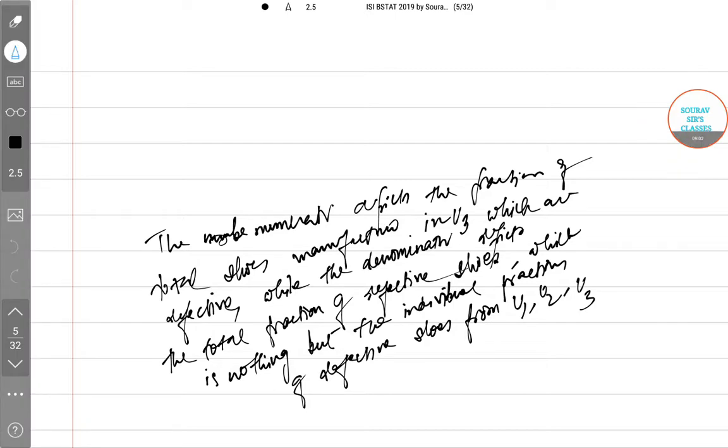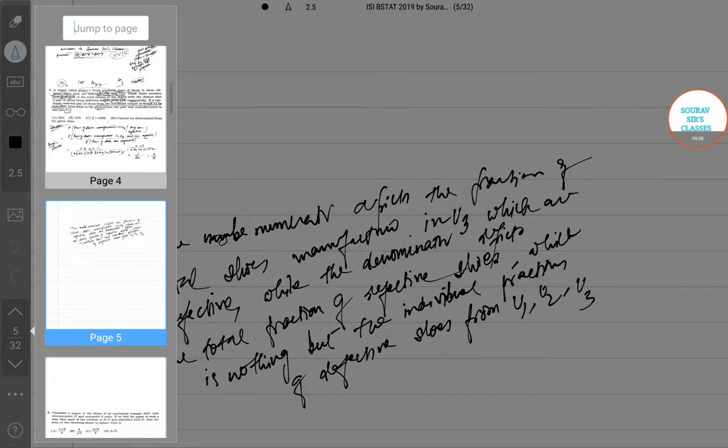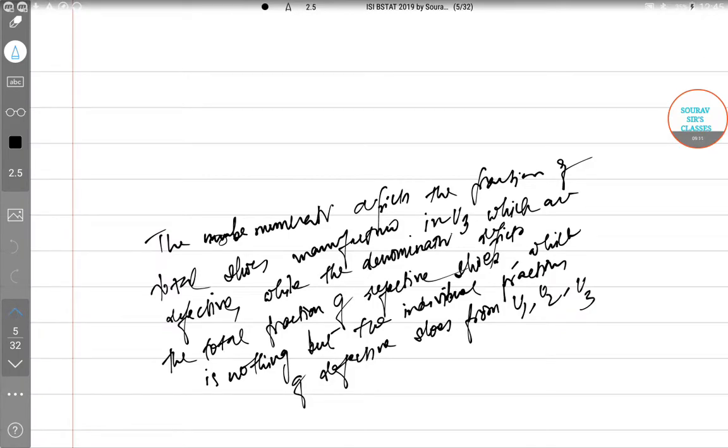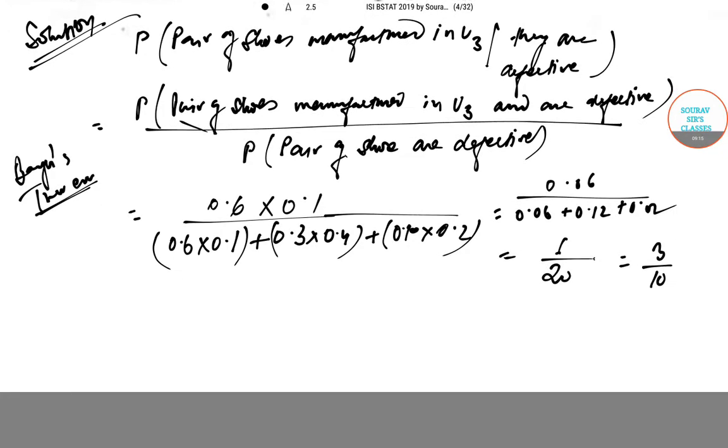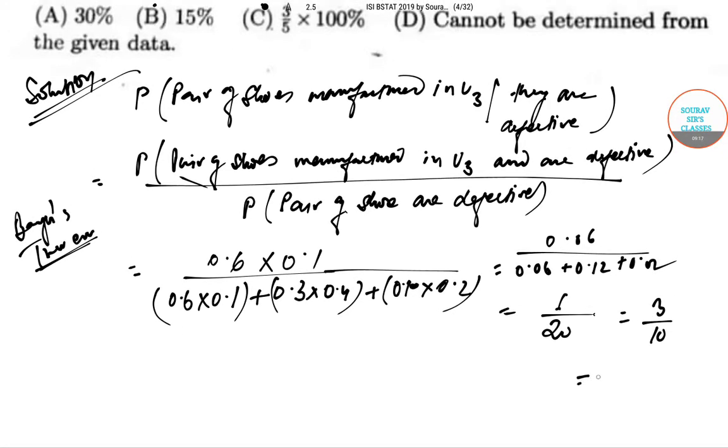Now let's move back to the previous page and see what our answer was. In the calculation we found that the probability came to be 3 by 10, which is equal to 0.3 or 30%. So the correct option is 30%.